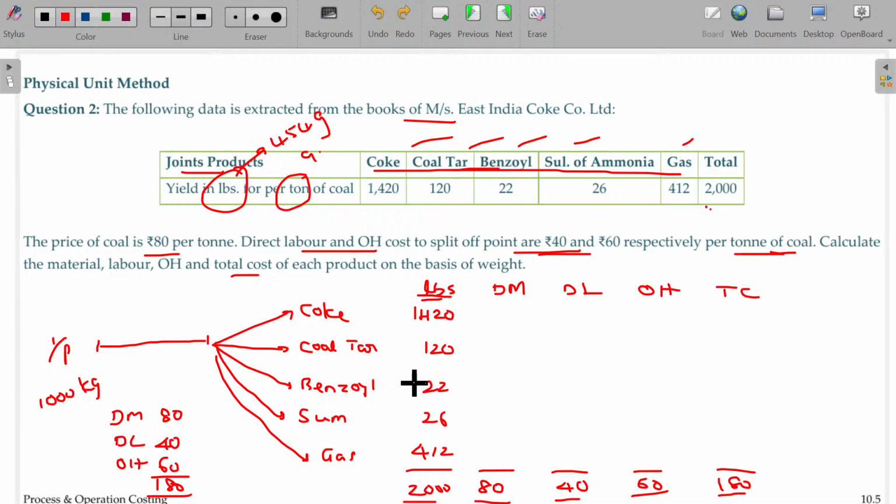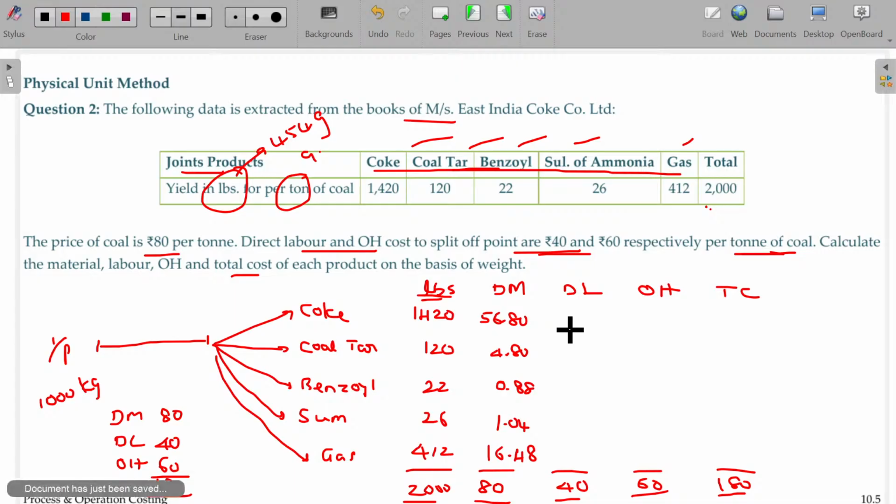I think you will get 56.80. Then 4.80, 0.88, 1.04, 16.48.